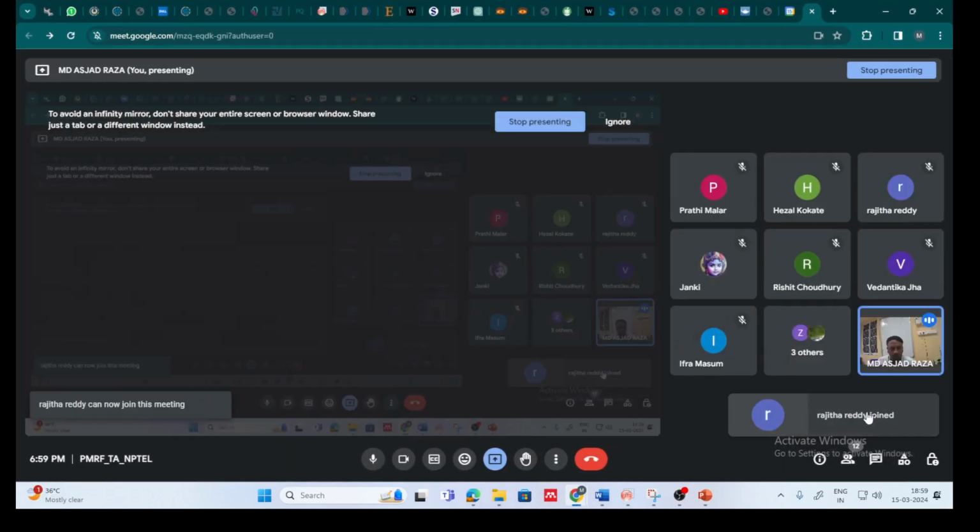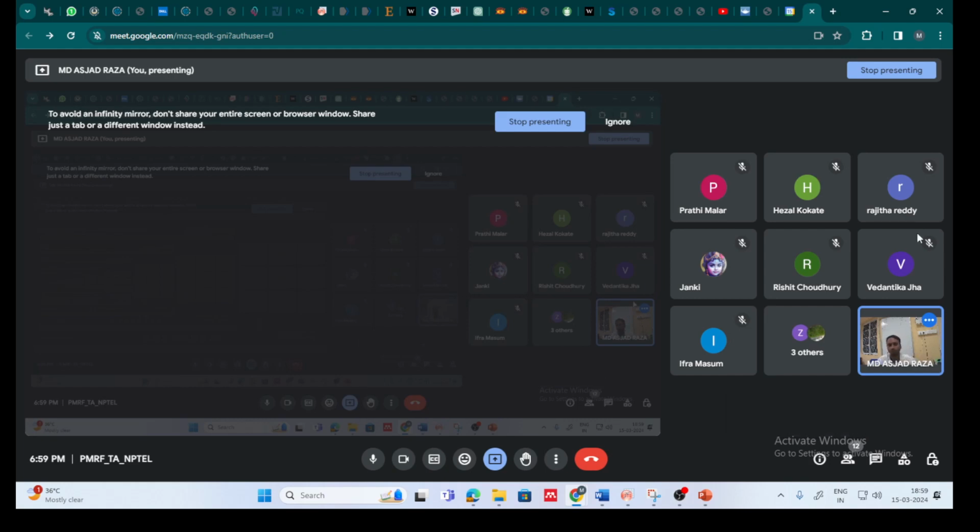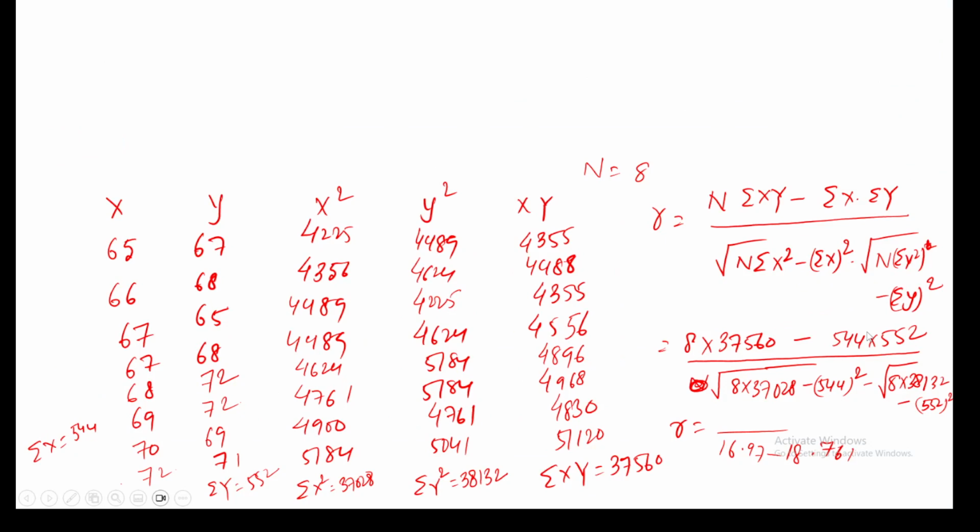Please, anyone say about the r value? Point 6031.